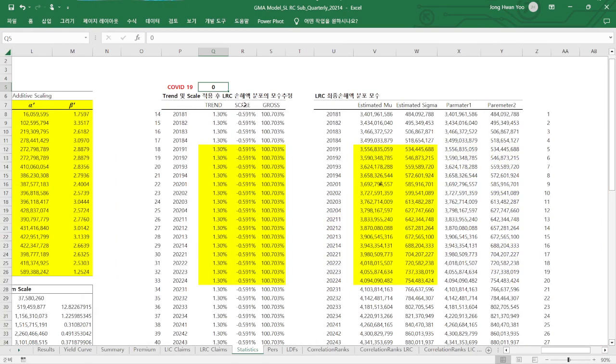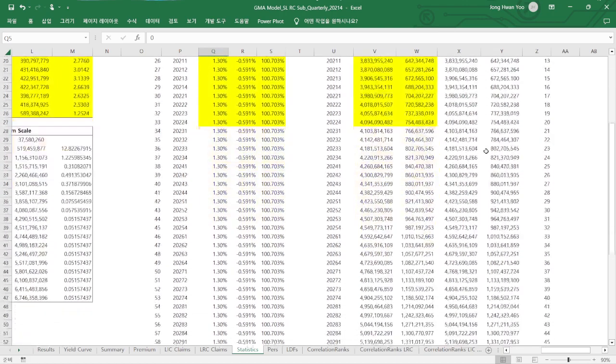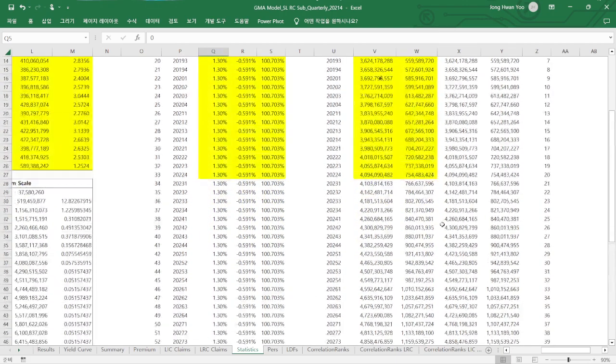Scale means how much exposure you have, whether it is increasing or decreasing, the scale of exposures that you are exposed to. And if COVID-19 doesn't have an effect, it's just the same. There, I come up with the parameter estimates after 2017, all the way up to 2029 third quarter.